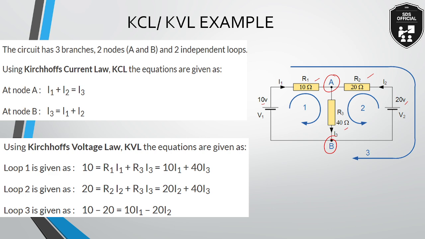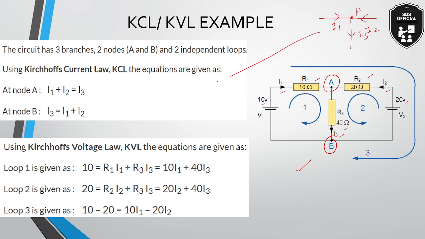Okay. So consider this diagram. There are two nodes A and B, and you are being shown the three currents I1, I2 and I3. If we consider node A, current I1 is approaching, current I2 is also approaching the node A, and current I3 is leaving.